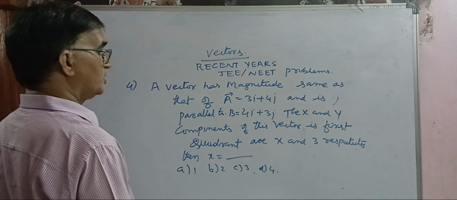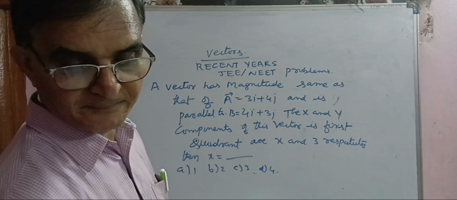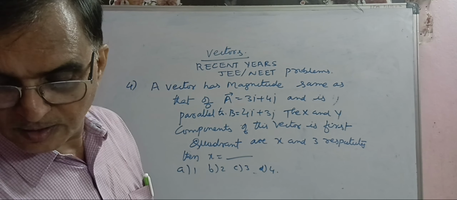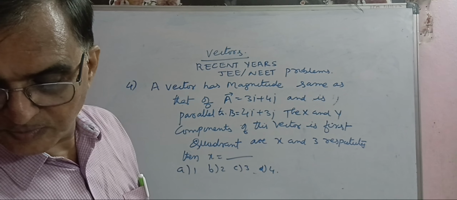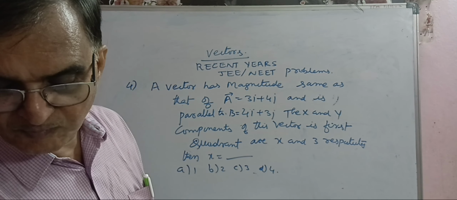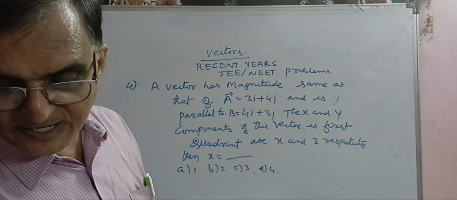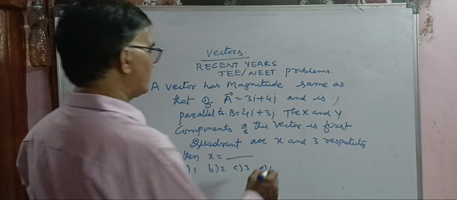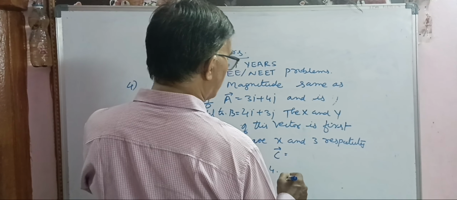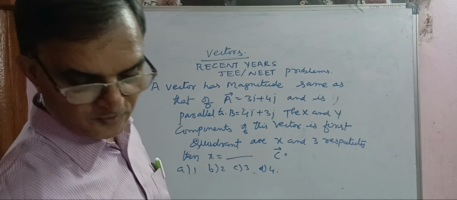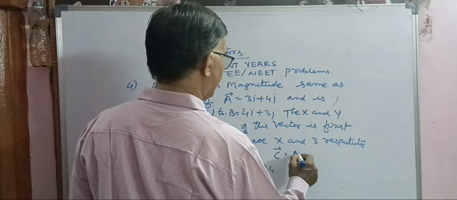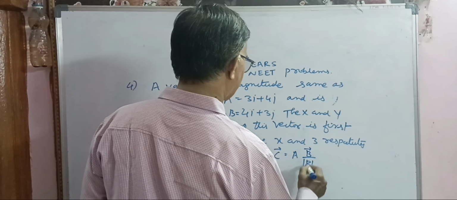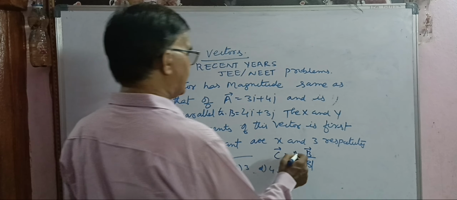Okay. So here, the vector you want to know has magnitude same as that of A, and is parallel to B. So what you need to do is, suppose that vector you take as C, which must be equal to magnitude of A into vector B by modulus of B. What is modulus of A?